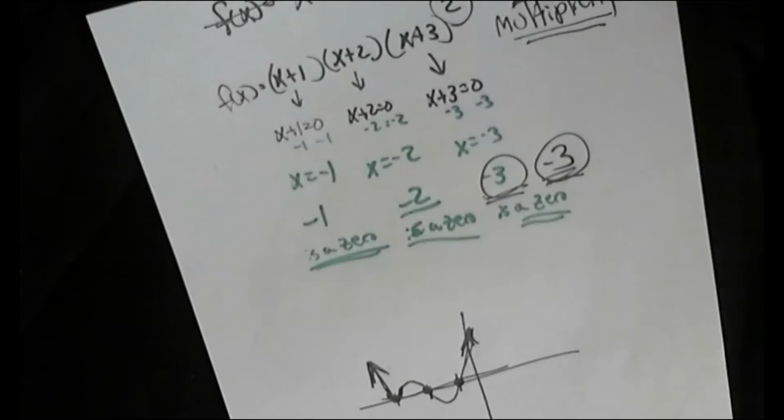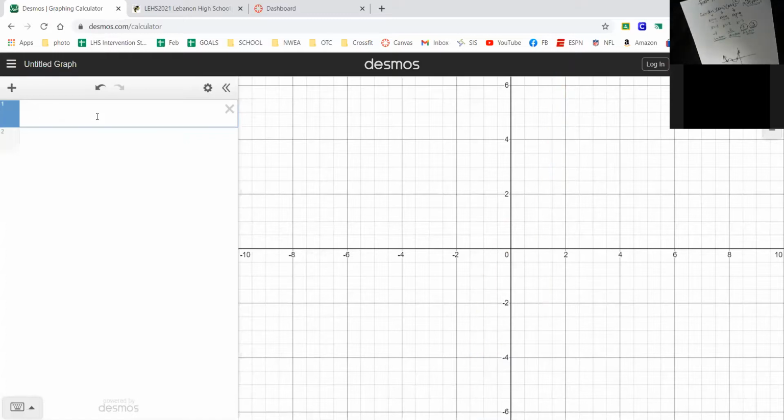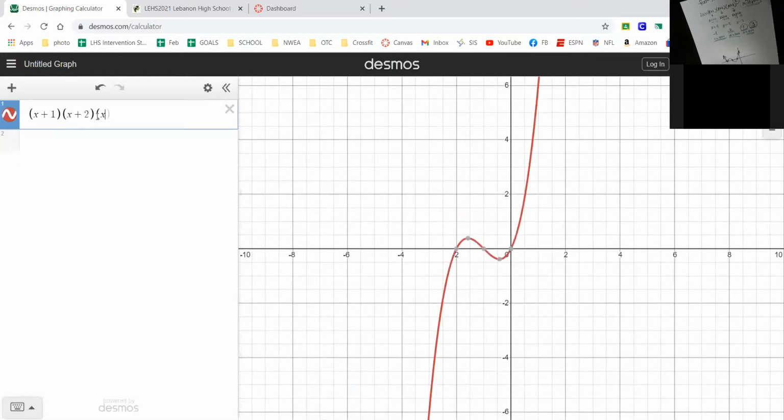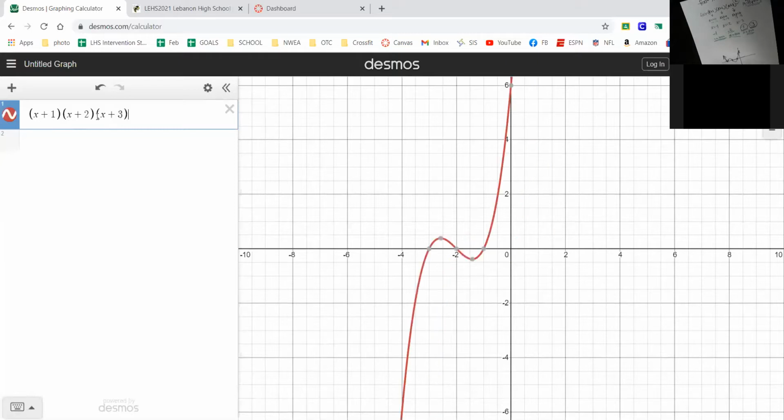this. So again, if I share my screen, here we are, go to Desmos. If I type that function in, so x plus 1, x plus 2, then x plus 3 quantity squared.